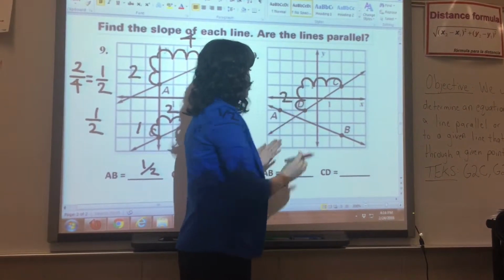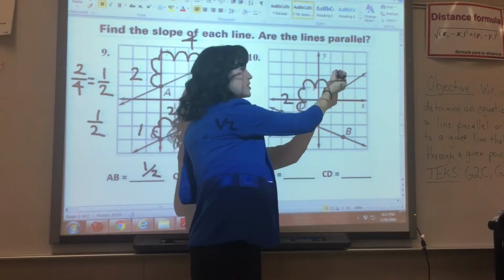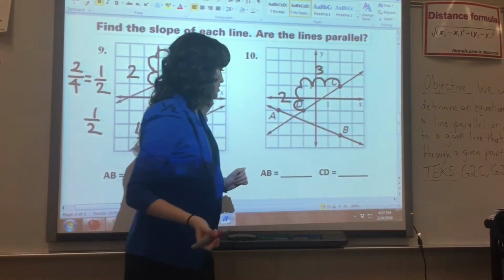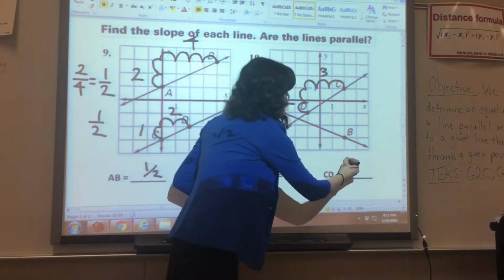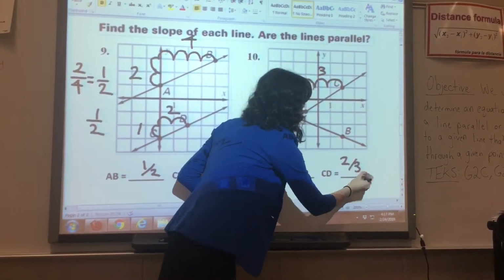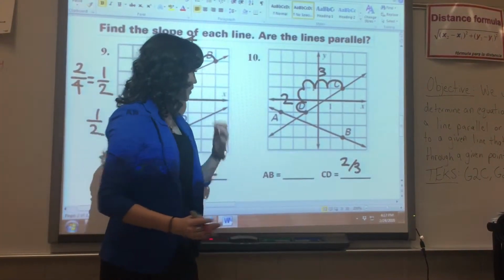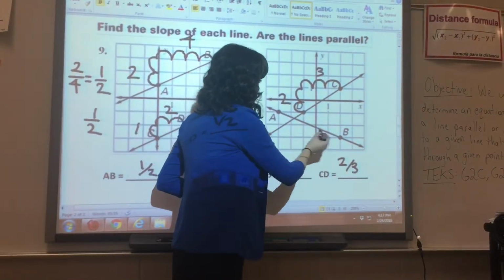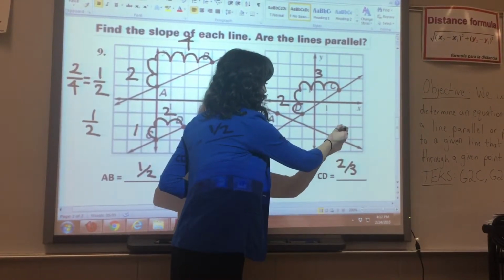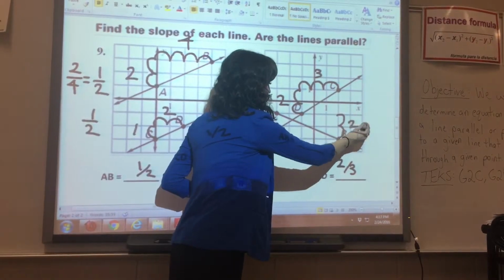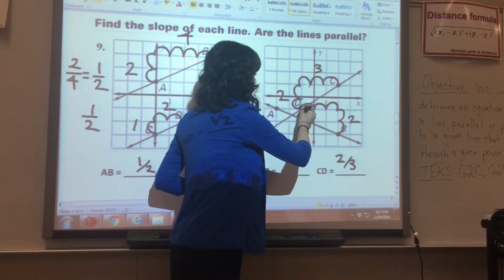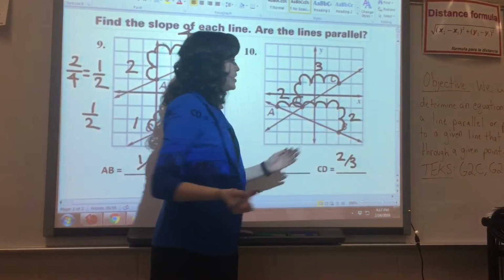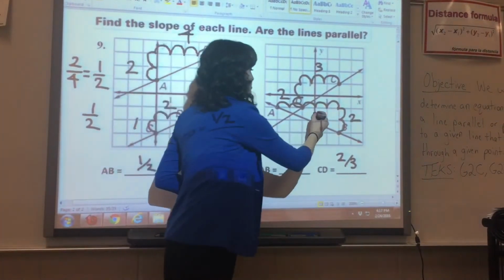So that's 2 up, which is positive, and 3 to the right, which is also positive. So our CD is 2/3, and now we're going to figure out our AB. We rise 2, positive, and we're going to the left 1, 2, 3, 4, 5. Since we're going to the left, that is going to be negative.